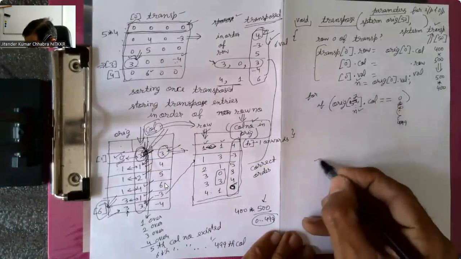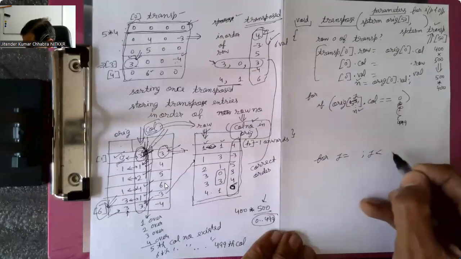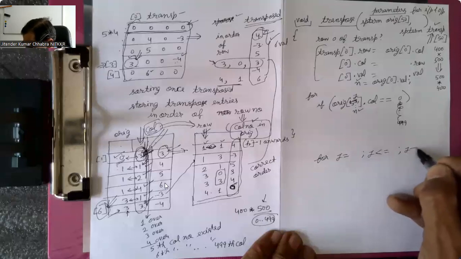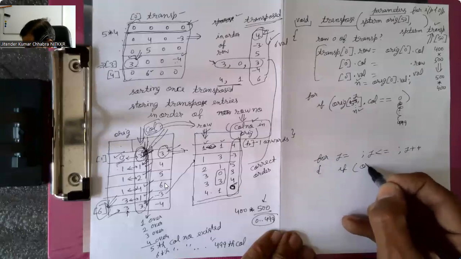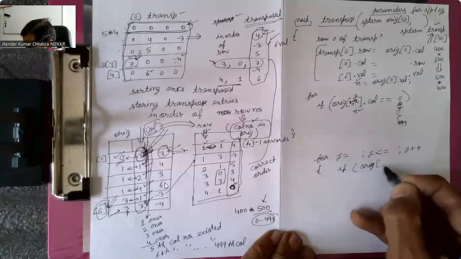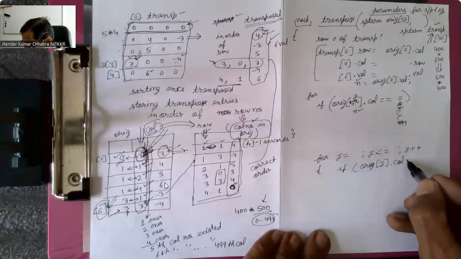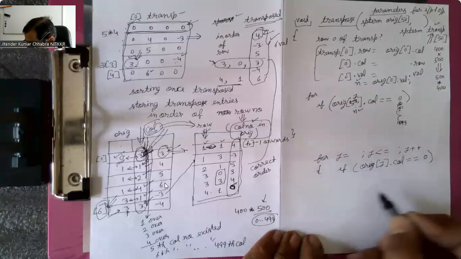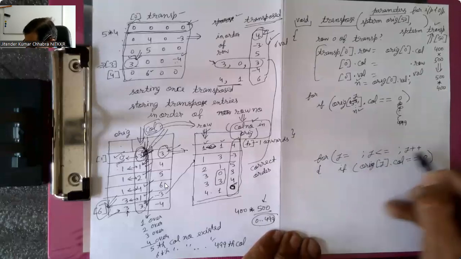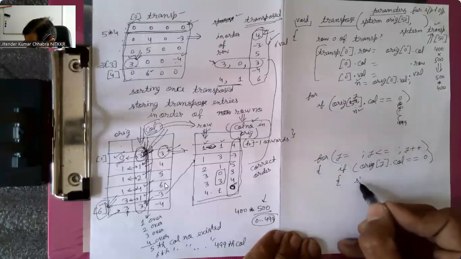So now I will say for j equal to something, j less than equal to something, j plus plus, and what I require is if original j dot column, because that old column number will become new row number, equal to initially 0, then I have to actually store it into my sparse matrix or transpose matrix.